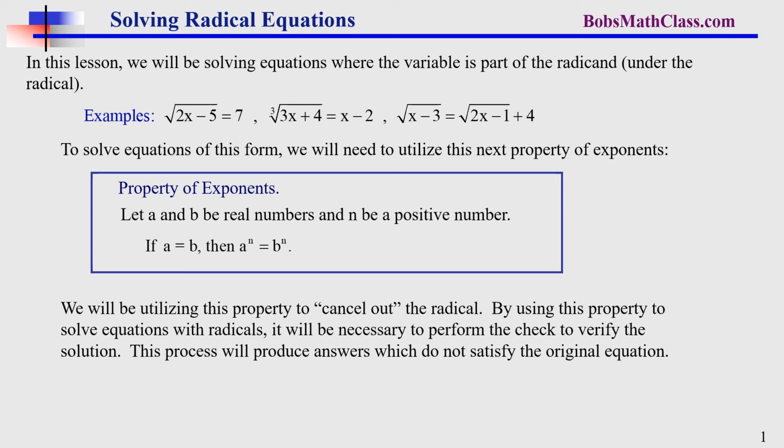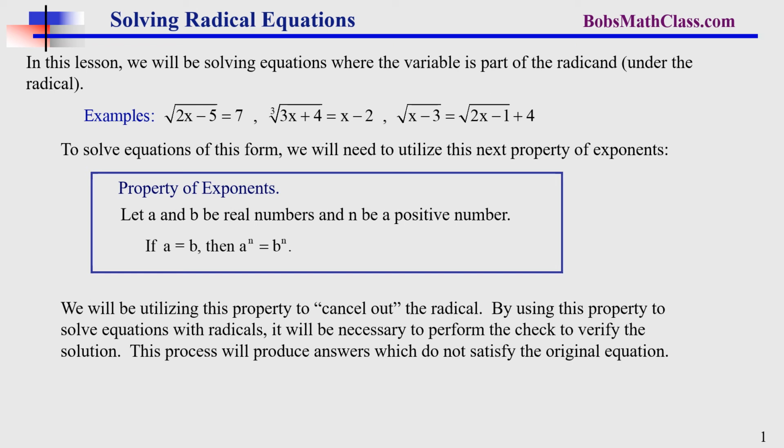So if you square one side, you have to square the other side. If you cube one side, you have to cube the other. Utilizing this property cancels out the radical. That's our goal here. We want to get rid of the radical sign.